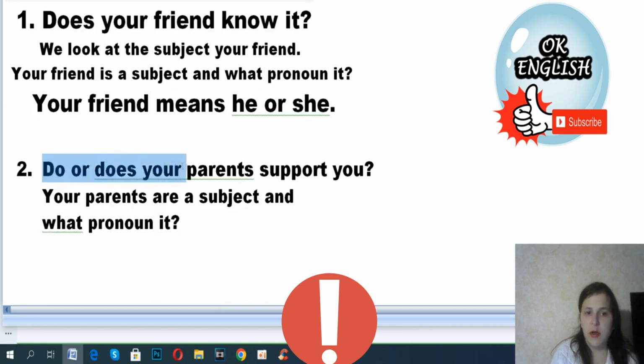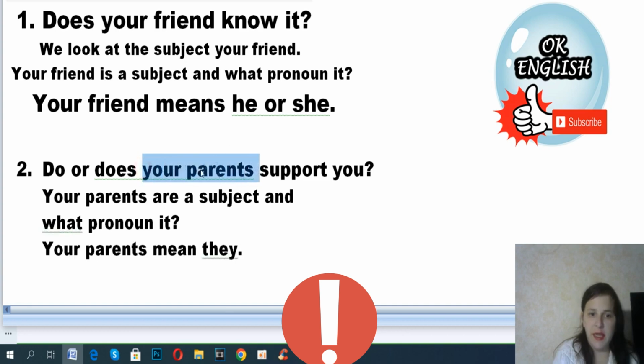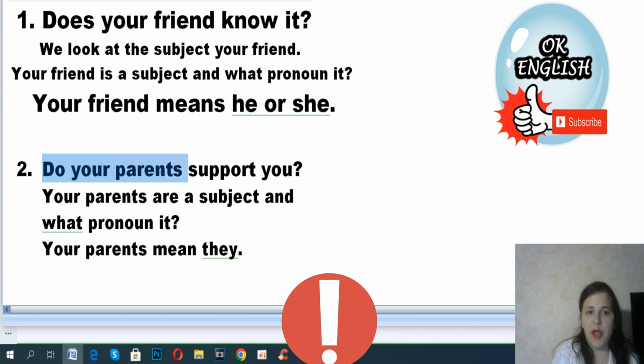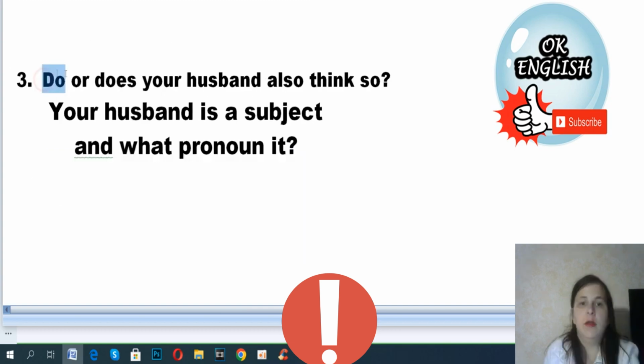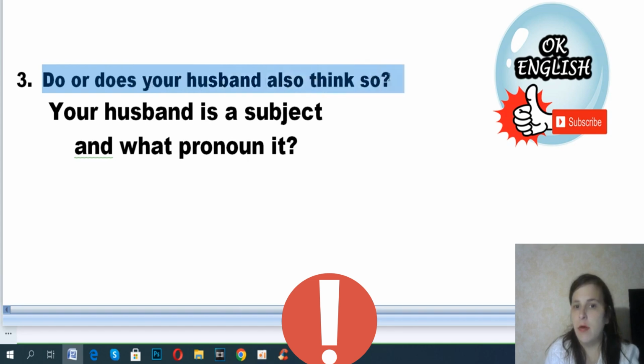Or does your parents support you? Your parents are a subject. And what pronoun is it? Your parents mean they. If you have they, we use do. Do your parents support you? Do or does your husband also think so?